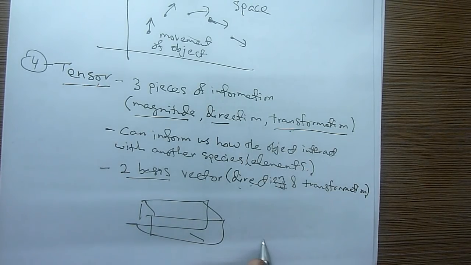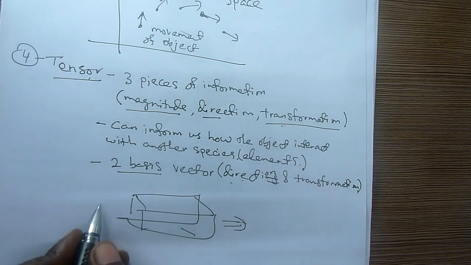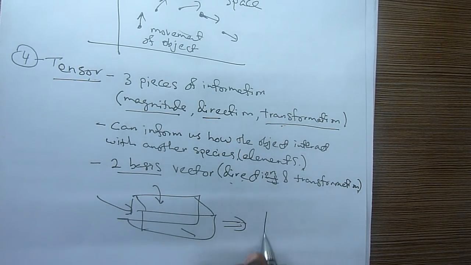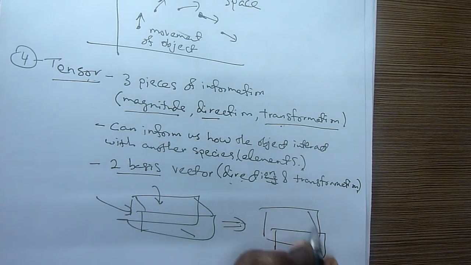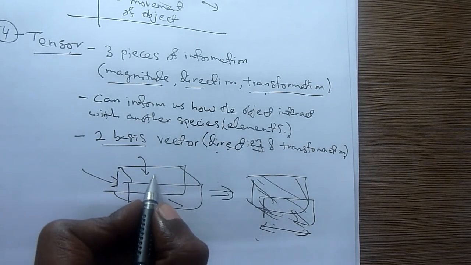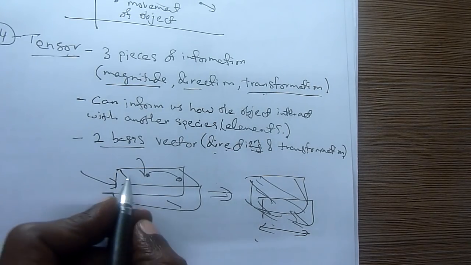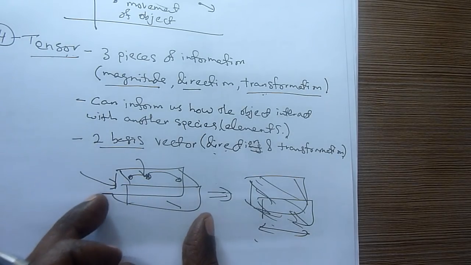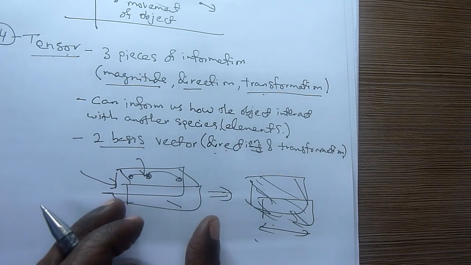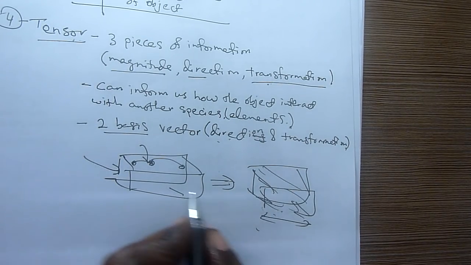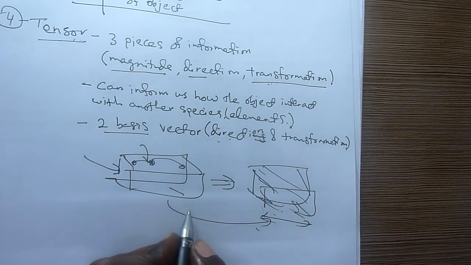When something is stressed, let's say we press this object to become a compressed object. When we give stress, we push this to make it a compressed bit. Once we give pressure here, it will transform this object into this form.